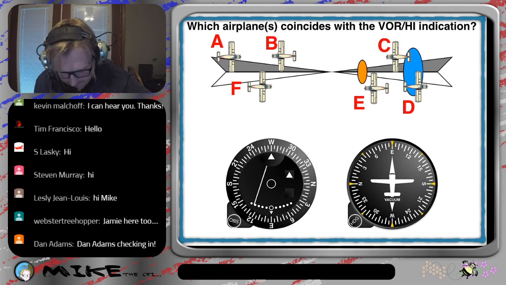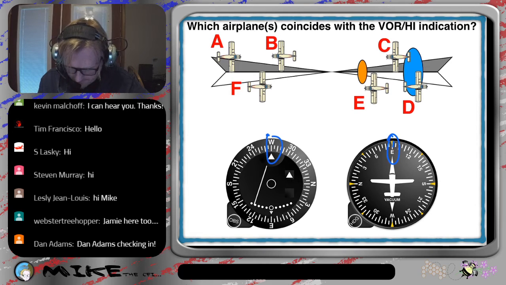Now, this one here, we got a left needle deflection, and we're heading eastbound. So that means because we're going the wrong way on the radial, that means that we are going to be reverse sensing.